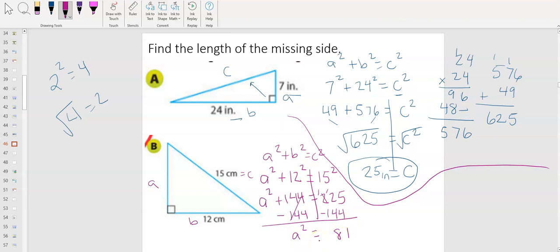So the last thing I have to do is find the square root of both sides, and that's going to give me A equals, and we should have this one memorized, 9 times 9 is 81, so A is 9. So this leg of my triangle is 9 centimeters. And that's how we do it.